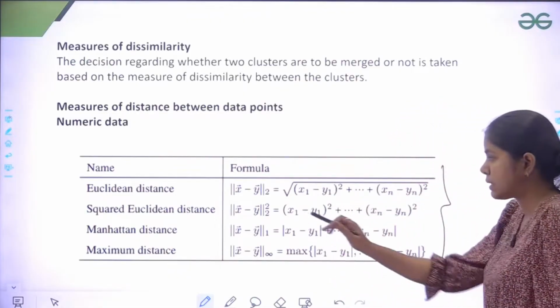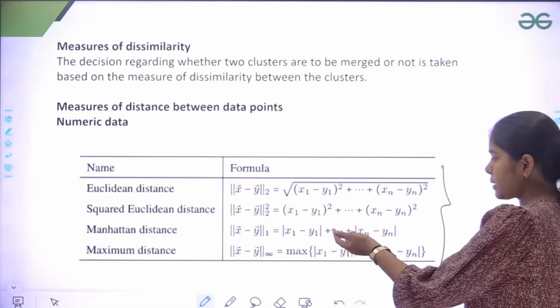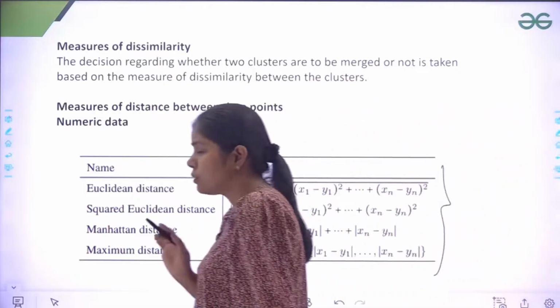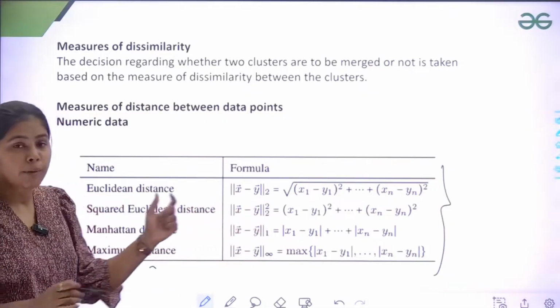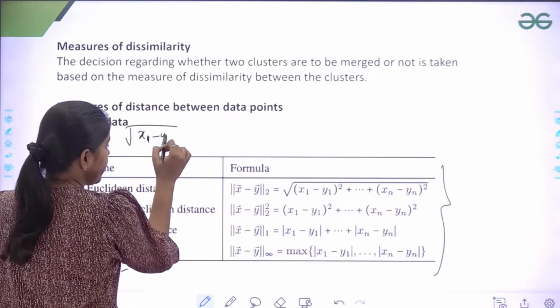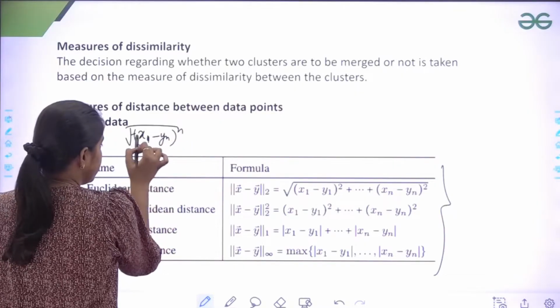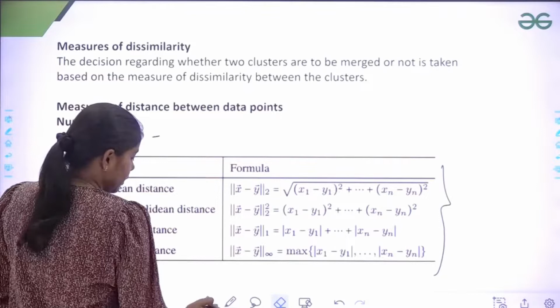First of all, measures of dissimilarity. I told you that we can use distances such as Euclidean distance and squared Euclidean distance, right? In squared Euclidean distance, I have just taken the square.